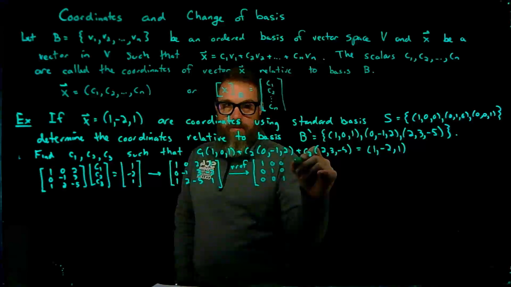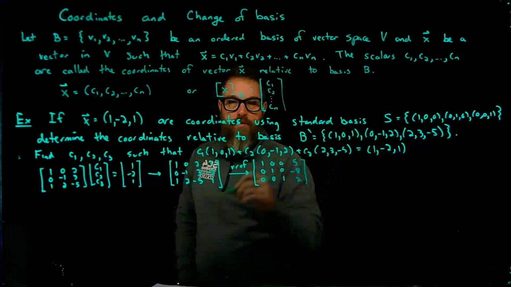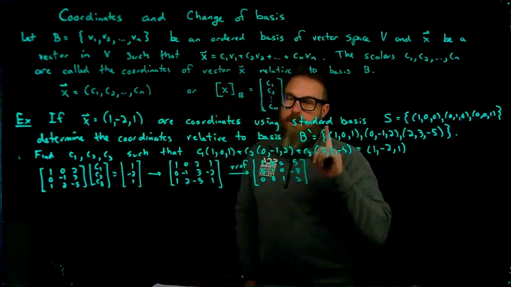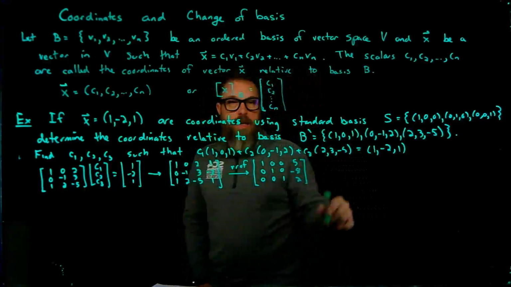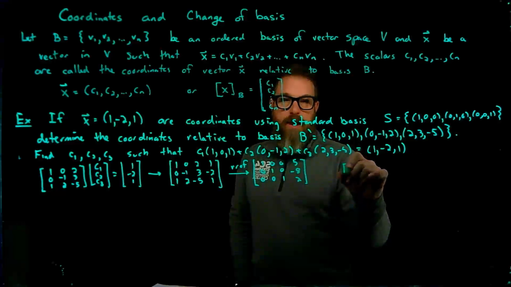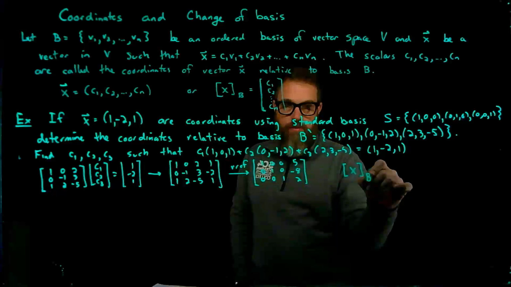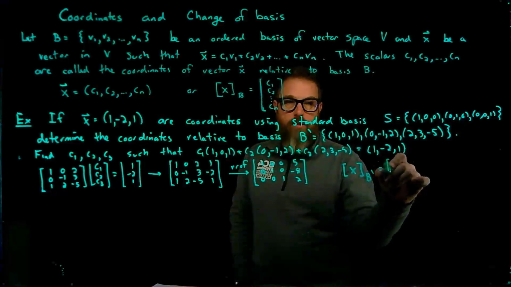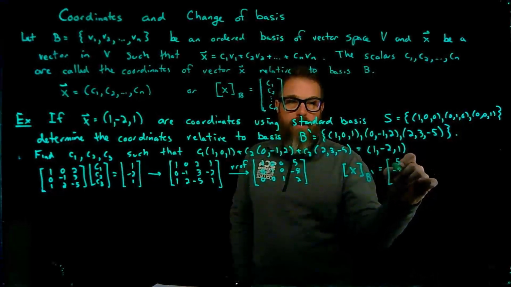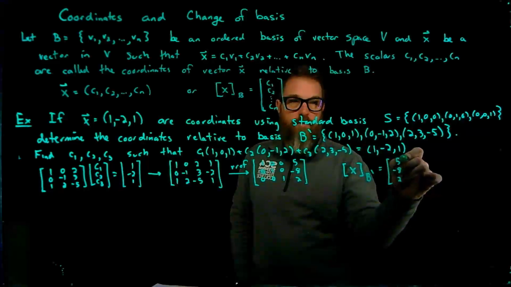So this is going to be 5, negative 8, and then 2. So that means that the coordinates of x relative to this non-standard basis B prime would be equal to 5, negative 8, and then 2.